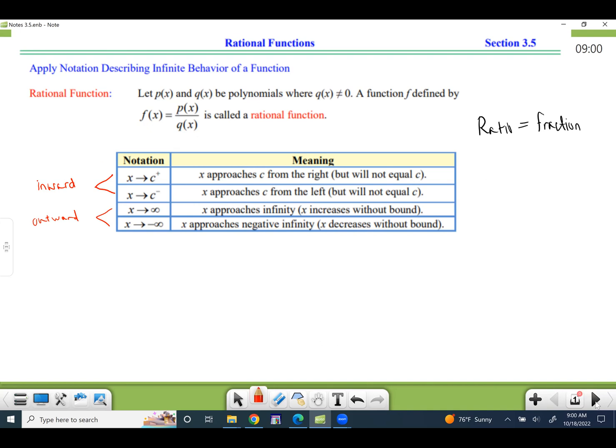All right, so another way to think about these two is these two are vertical asymptotes. Whereas these are, if there are any, horizontal asymptotes.